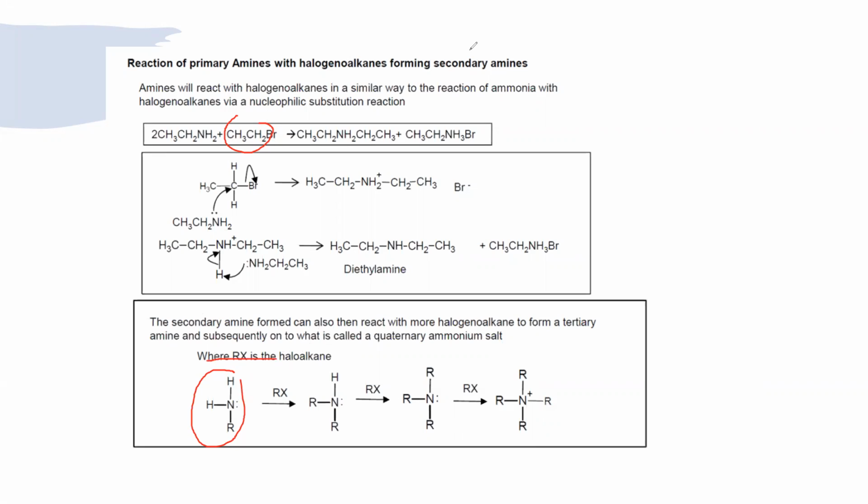Is the mechanism and reaction of primary amine with halogen alkane to form secondary amines clear? Yes. This is important, copy this. This is the mechanism for this reaction. If they ask for the mechanism, you should be able to show the mechanism for this reaction.